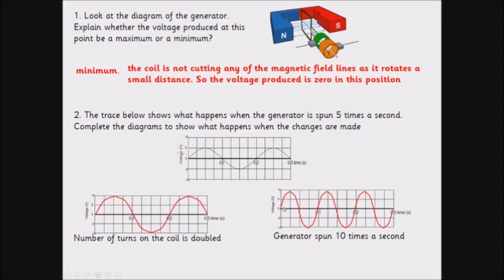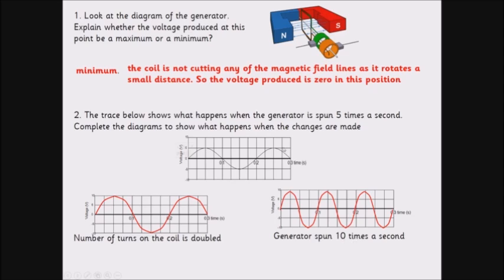So it's twice as high, up to 10 volts or thereabouts, and it's going across twice as fast. So it goes from plus 10 to minus 10, but it does all that in 0.1 seconds. So you can see this is the effect of spinning it twice as fast.